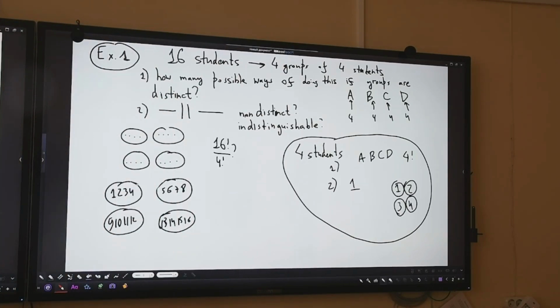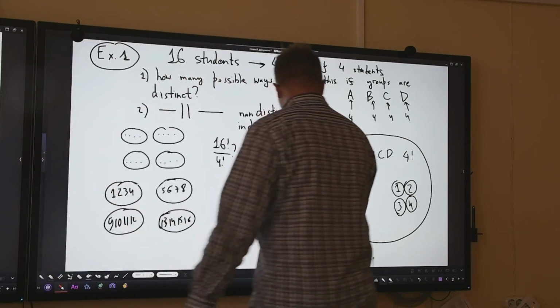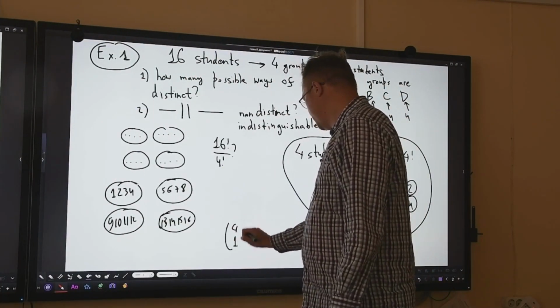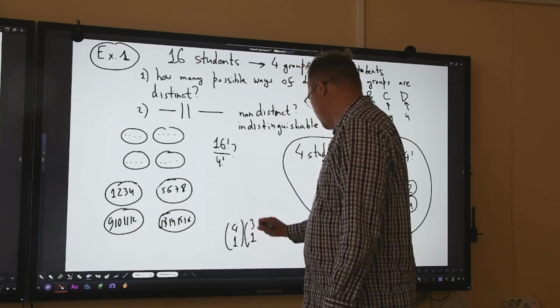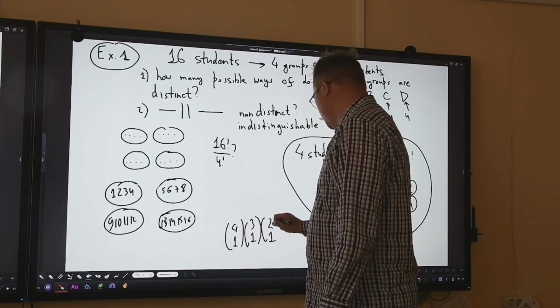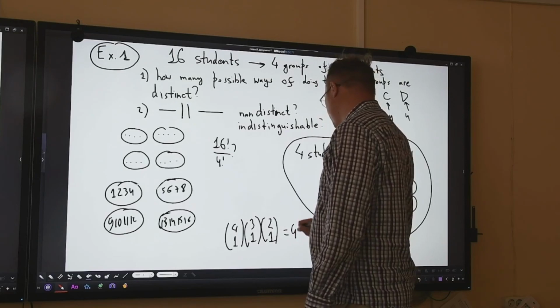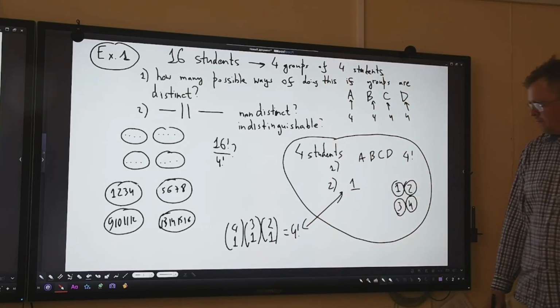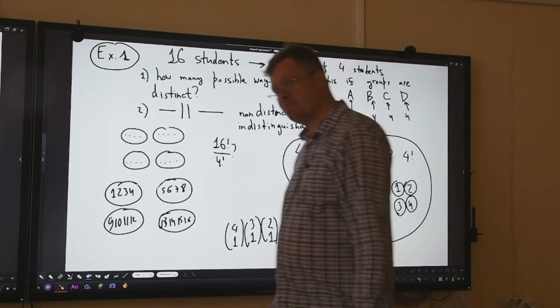It's similar, because if you take 4 students, then your answer for the second one will be this one, which is 4 factorial, but we have here one. Why?